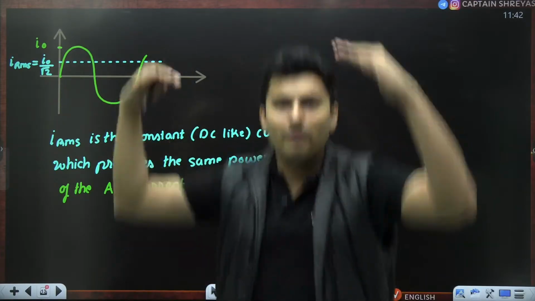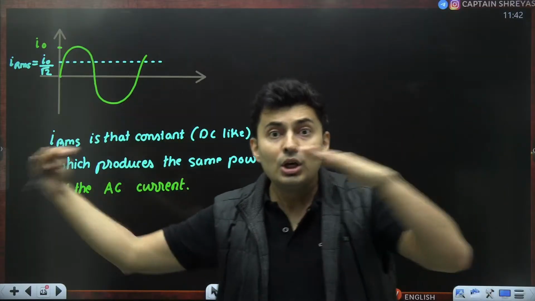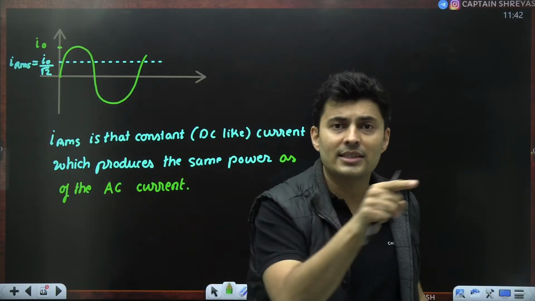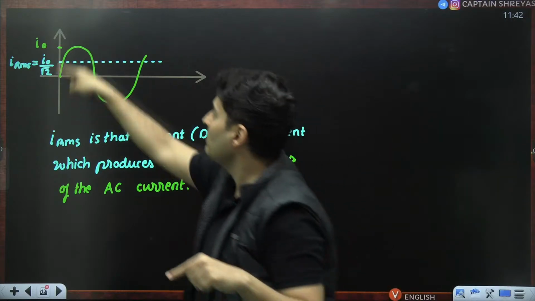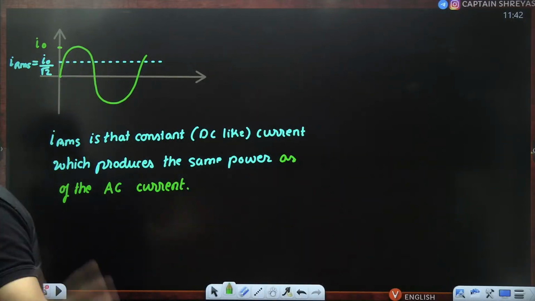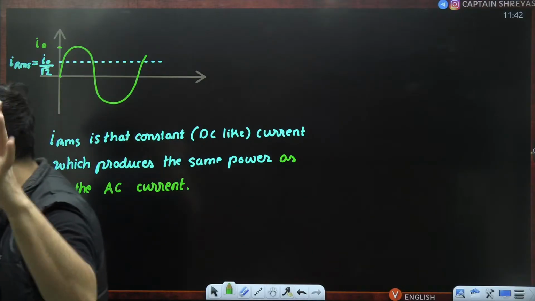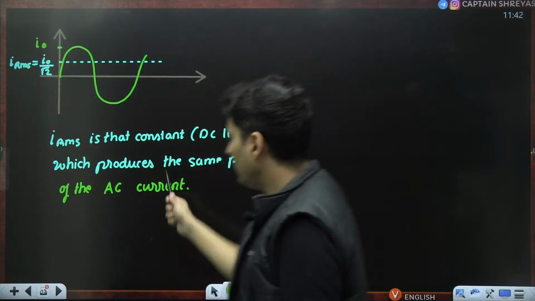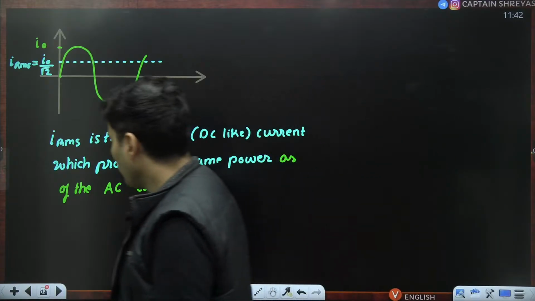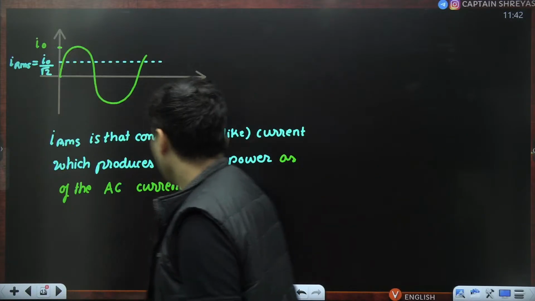Something is going up and down, up and down, up and down. You forget that up and down. You give me one constant value which gives the same loss as that up and down current. That is RMS current. Is this clear, my dear students? That is the definition of root mean square, or RMS.